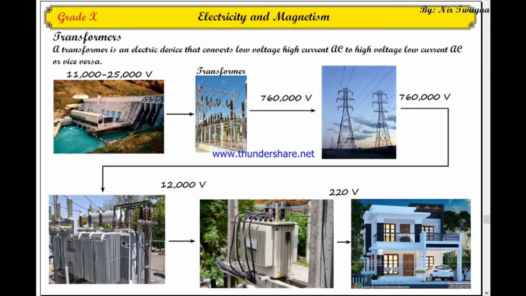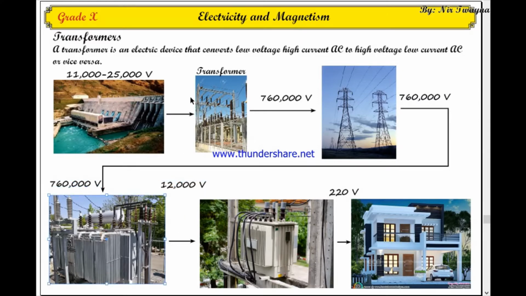Okay, so this device however converts the voltage from 760,000 volt to 12,000 volt. This device converts high voltage low current into low voltage high current.